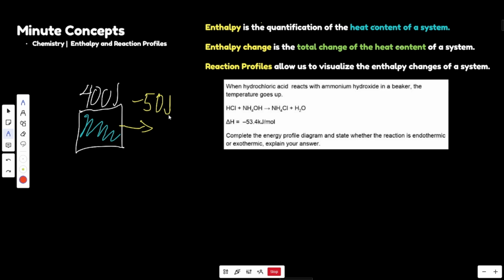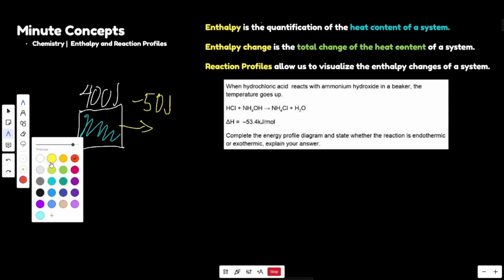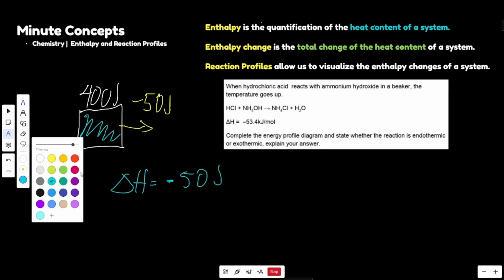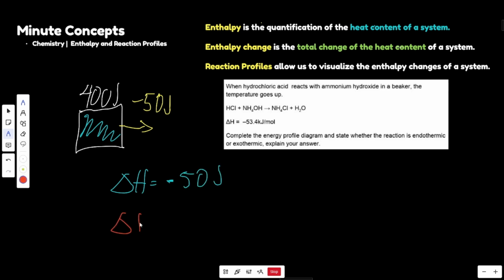But anyway, before we get onto that, let's describe the difference between the signs of enthalpy. Let's say our enthalpy was minus 50 in the second one, and our enthalpy in the first one was plus 10.